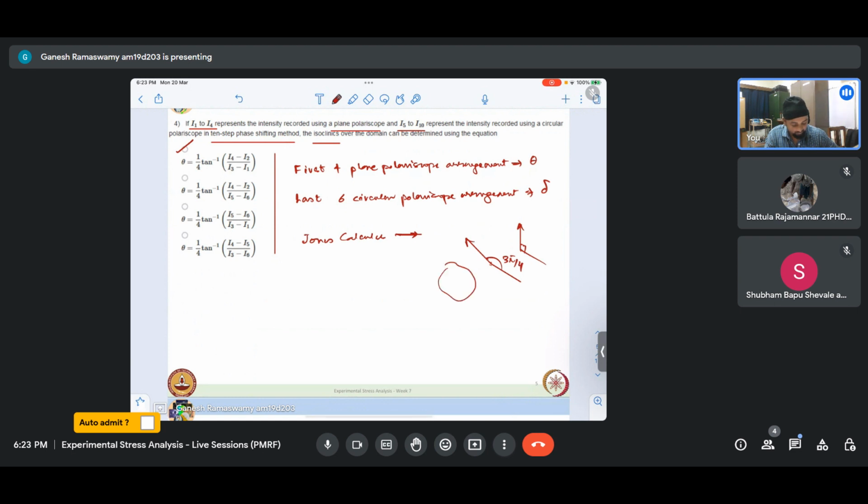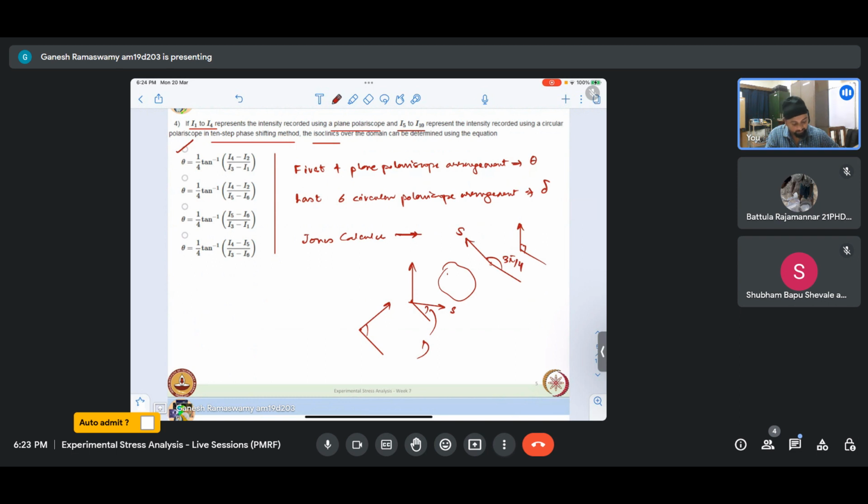Now we have the model here, and then our second quarter wave plate, which we take at some arbitrary angle eta, and the analyzer at some other angle beta with respect to the datum.